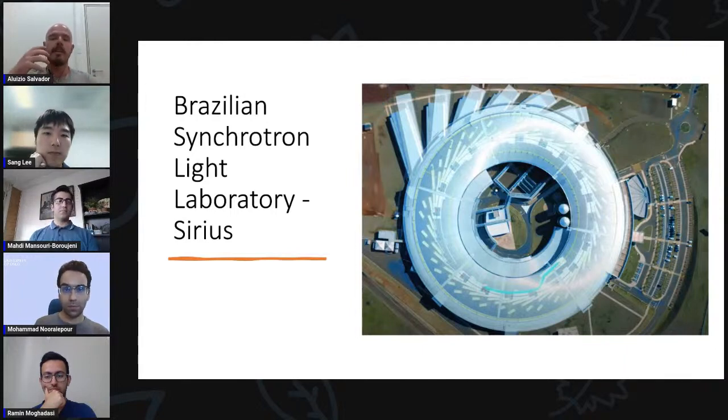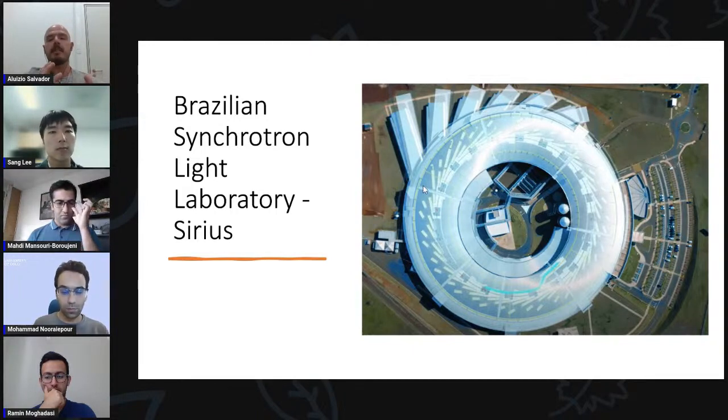Strong magnets are responsible for keeping the electrons inside the ring while they rotate. When the magnets bend the path of the electrons to keep them inside the ring, it generates the synchrotron light. This synchrotron light covers a wide range of the electromagnetic spectrum, and it can be selected and directed toward the beamlines along the ring.